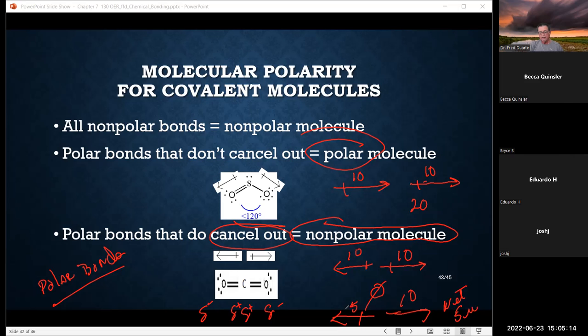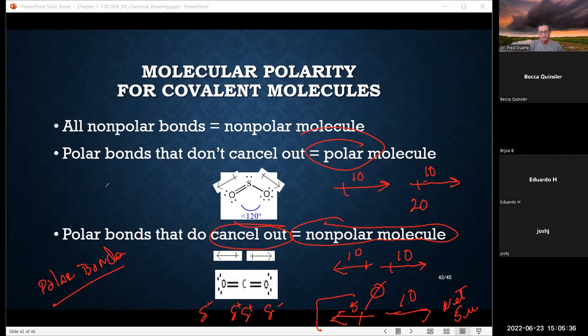Because I have negative 10 to the left and positive 10 to the right. So in this scenario we would still end up with a polar molecule, because not all the magnitude got canceled out. You have to be careful when you look at the molecule. If they're all equal, then they all cancel out.